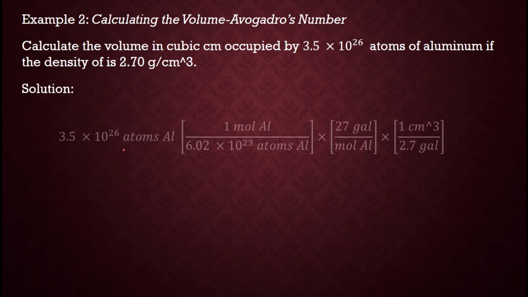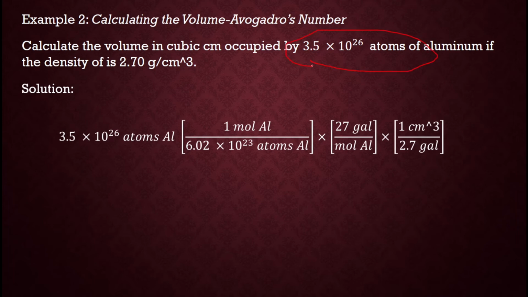First we need to convert the given 3.5 times 10 to the power 26 atoms into moles. One mole of aluminum is equal to 6.02 times 10 to the power 23 atoms, so we can cancel atoms. The molar mass is in grams, not gal.